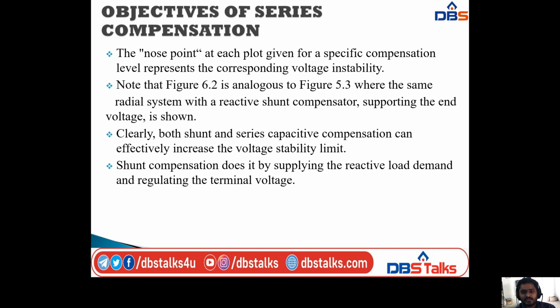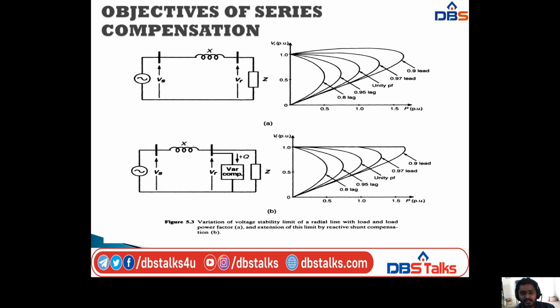This is the diagram we used for shunt compensation, that is for the variation of the voltage stability limit of a radial line with load and load power factor, and the extension of this limit by reactive shunt compensation on the B diagram.